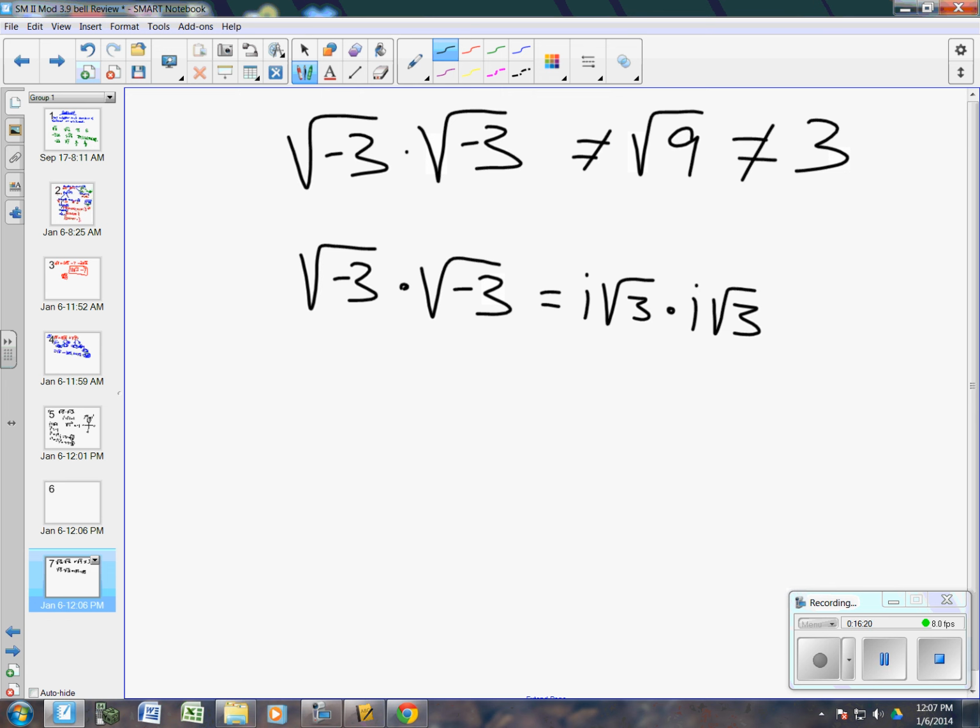Every time you have the square root of a negative number, you're going to have an I. And then I times I is I squared, and square root of 3 times square root of 3 is square root of 9, right? And what's I squared, everybody? Negative 1. And what's the square root of 9? 3. And what's negative 1 times 3? Negative 3. The correct answer to this is negative 3, not positive 3.